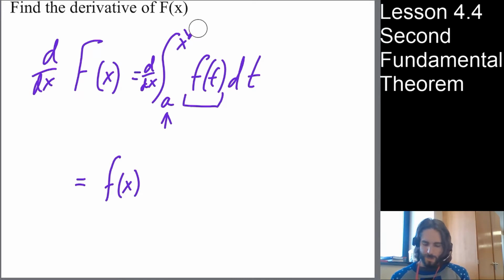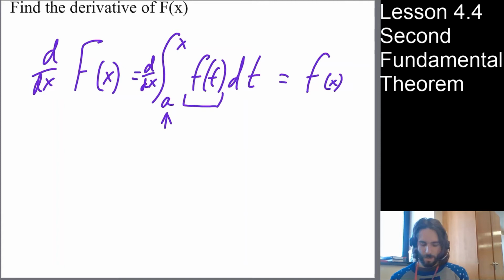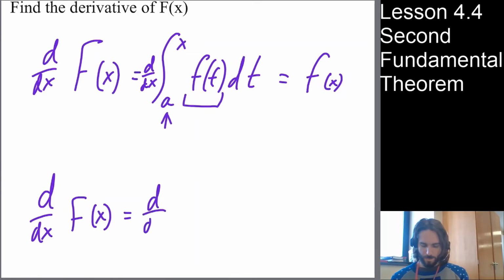Now that's not quite the whole story. And let me just preface what the whole story is right here. If you're going to something more complicated, so let's say this upper bound is something more complicated, like x squared, but let's just say it's u, so u is going to be a function of x.